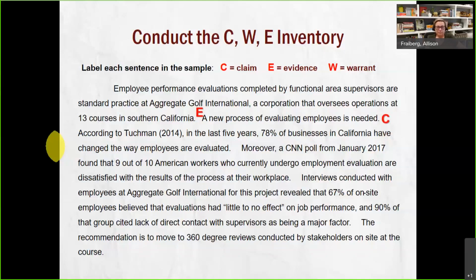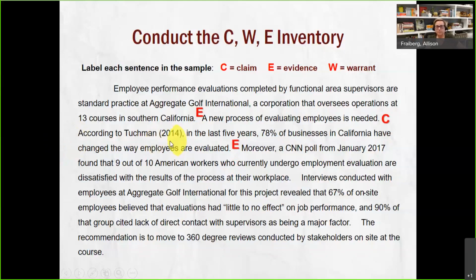According to Tuckman, in the last 5 years, 78% of businesses in California have changed the way employees are evaluated. What's that? That is a piece of evidence. And you know that as soon as we say, according to Tuckman.